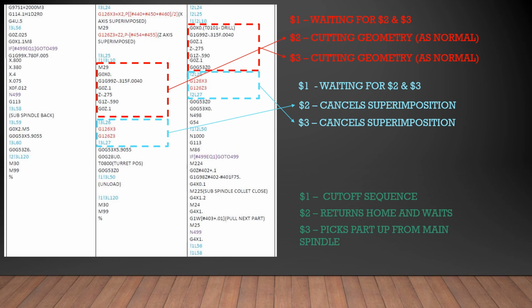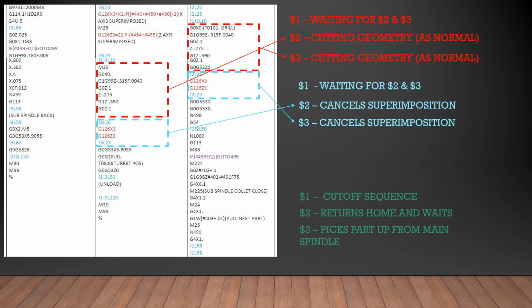So in other words, I can tell you right now just by looking at the code, what's going to happen is the drill on the subspindle is going to finish before the drill on the main spindle. The first rapid is going to happen on the subspindle, and the second rapid is going to happen on the main spindle. But regardless, it will still feed independently.